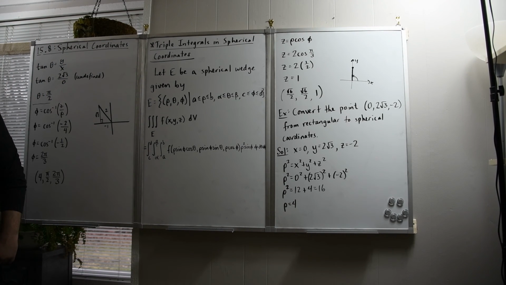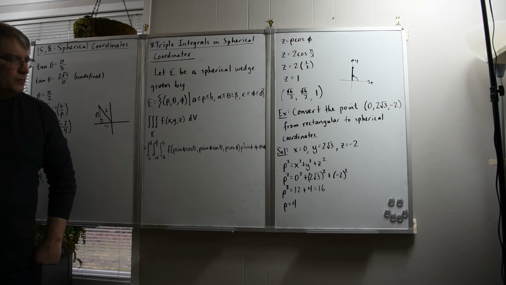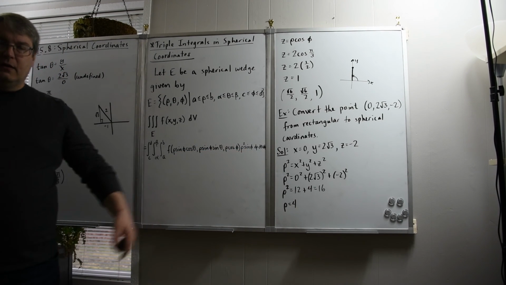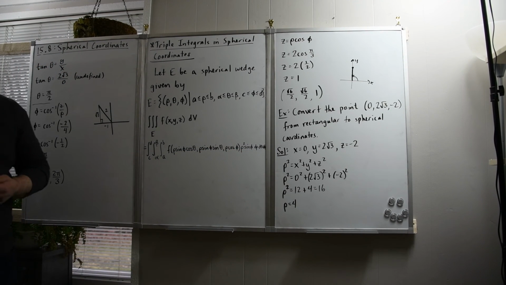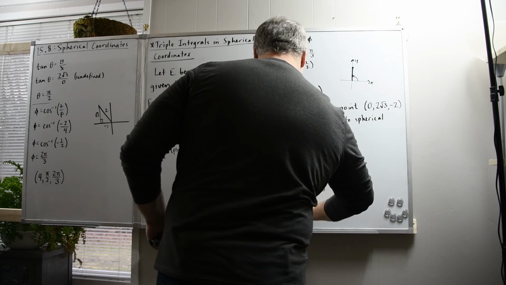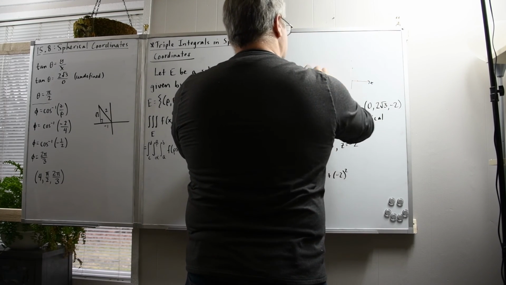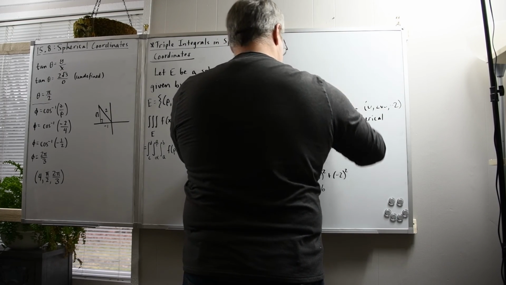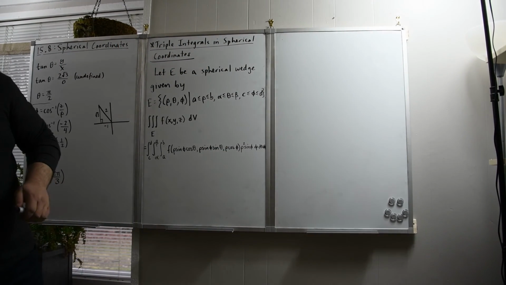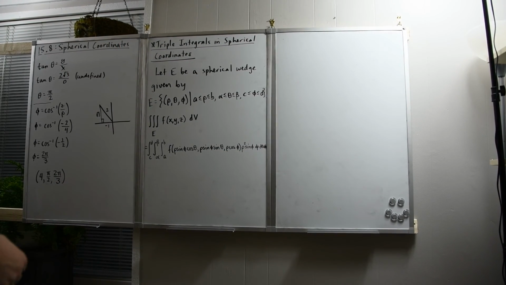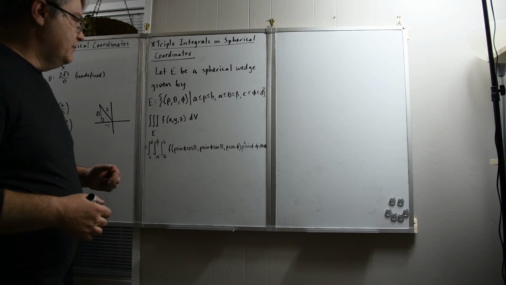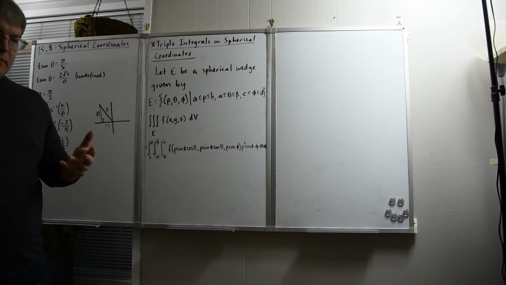Now, the question is, I guess first off, what really does a spherical wedge look like? And then secondly, why is it that we're getting this rho squared sine phi as part of our dv? So let's think about what a spherical wedge like this might look like. Now, it's probably worth mentioning that we wouldn't want beta minus alpha to be more than 2 pi.